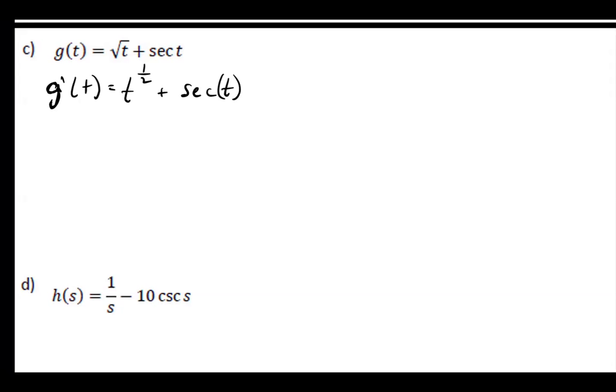So let me find the derivative of the first one. I'm going to move the 1/2 to the front, so I get 1/2 t. I subtract 1, which leaves negative 1/2, plus secant of t.